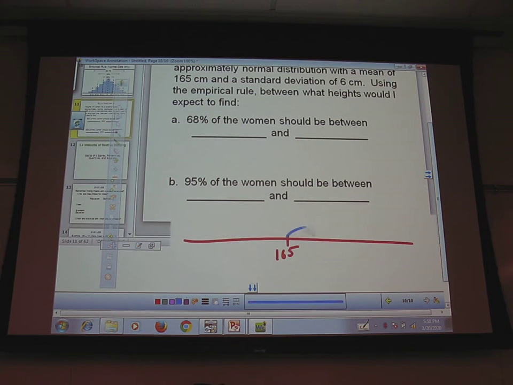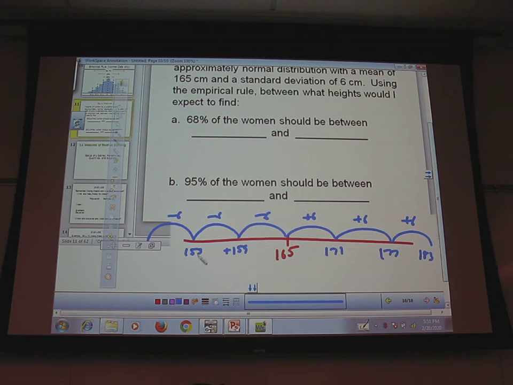And I'm going to jump standard deviations this way. Plus 6, plus 6, plus 6. So I'll get to 171, 177, 183. And I'll go backwards. Minus 6, minus 6, minus 6. And that'll get me to 159, 153, and 147.